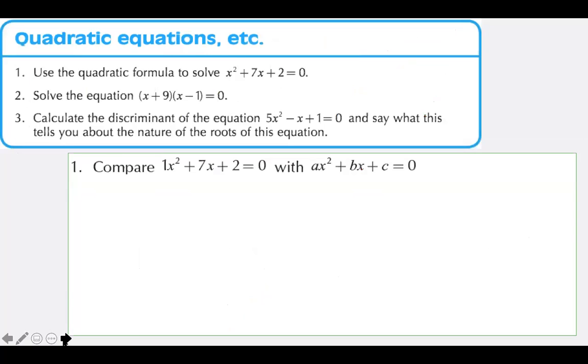Use the quadratic formula to solve x squared plus 7x plus 2 equals 0. Whenever you see use the quadratic formula, it's in your formula sheet.